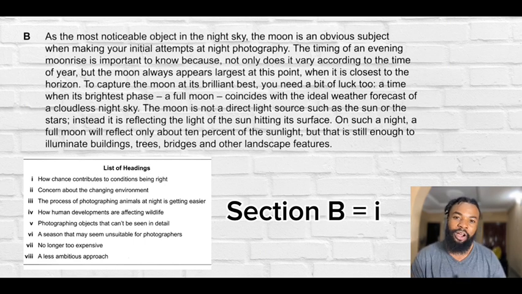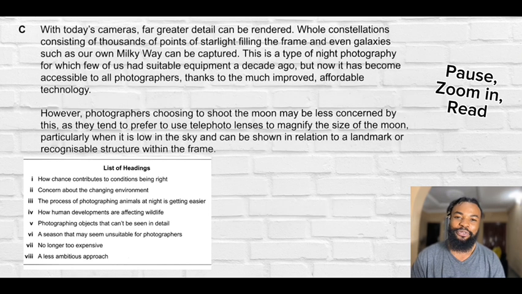That's the luck of having the moon at its brightest on a night that has been forecast to be cloudless. That's chance there, luck playing its role to ensure that conditions are right for a very, very clear picture. So, it's a whole lot of paraphrasing and synonyms here, and that's how it works. So, section B, I.